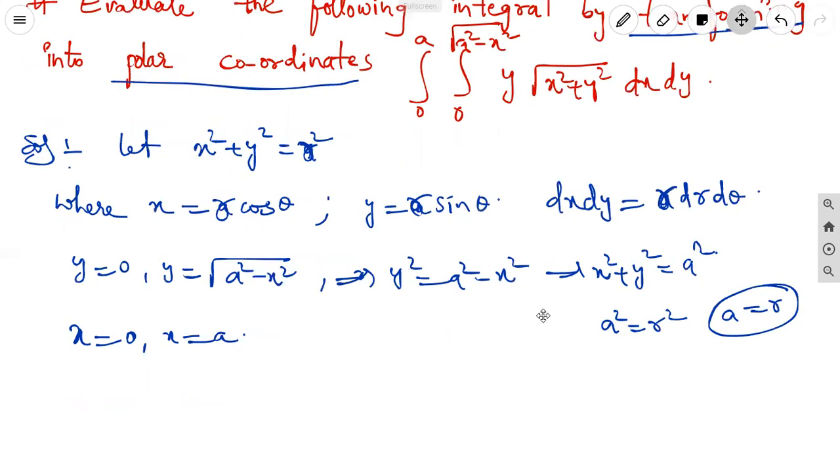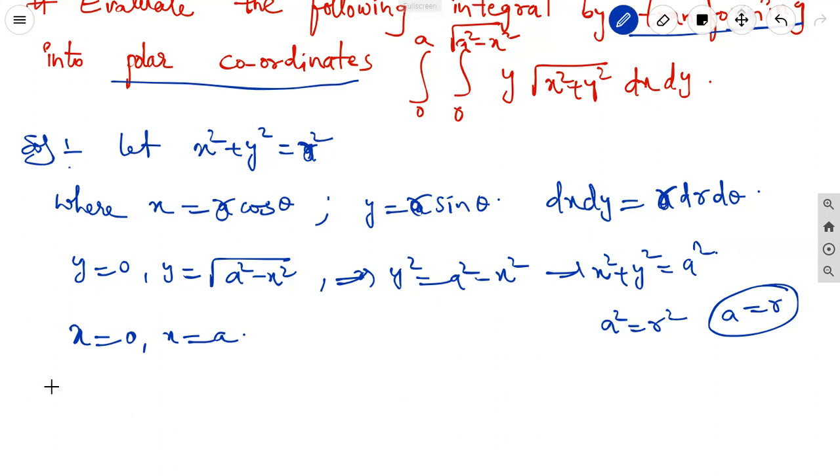The Cartesian form can change into polar form with the coordinates x equal to r cos theta, y equal to r sin theta, and these are positive values. The limits are positive values, 0 to a and 0 to under root of a square minus x square.